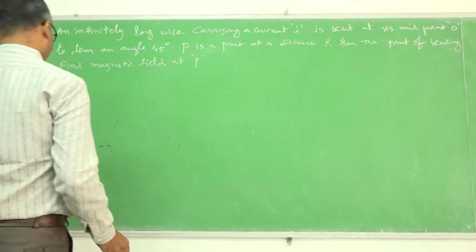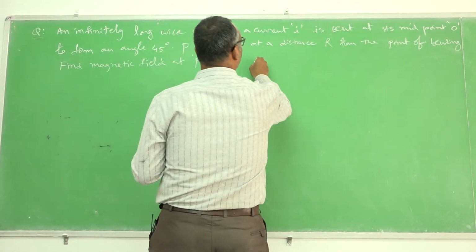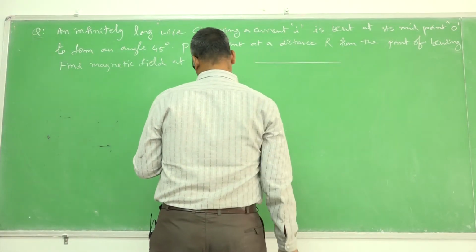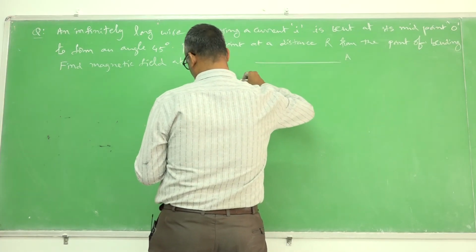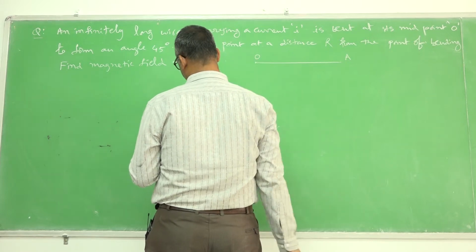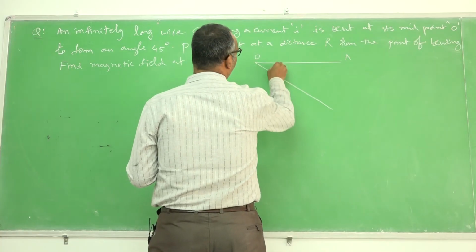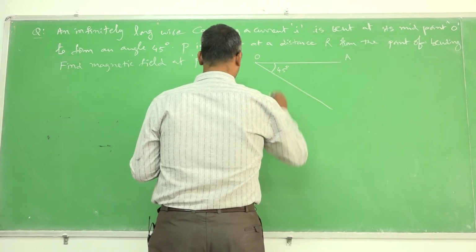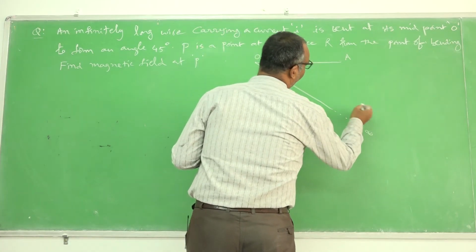The diagram is like this. It is a wire A, O. The wire is bent at O to make this angle as 45 degrees. It is extended to infinity.